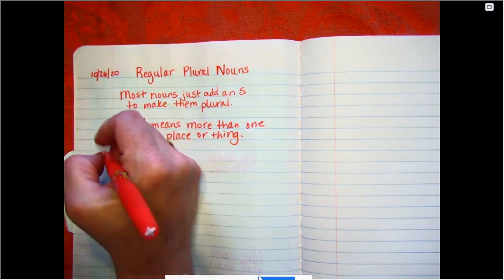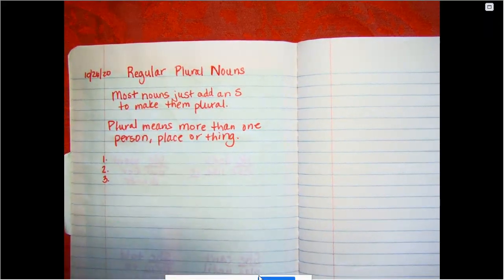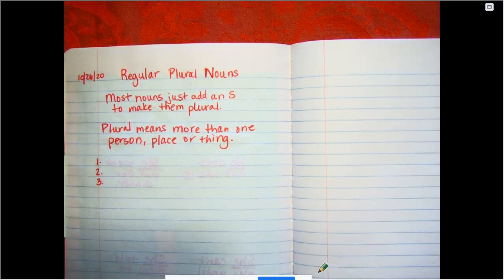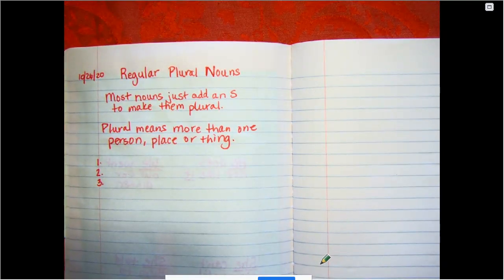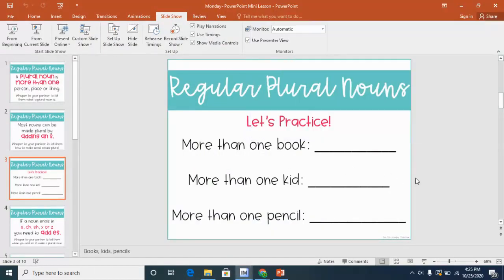Okay, and then we're just going to number here 1, 2, and 3 because we're going to go back to the slideshow and watch what they had to say over there. So if you're not finished, go ahead and push pause right now so that you don't get behind. Okay, so more than one book would be called books.